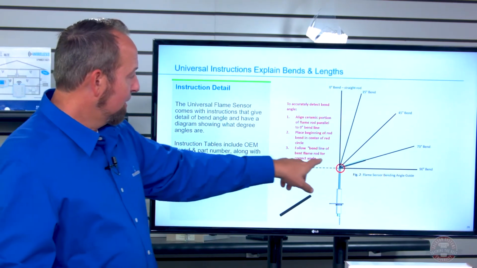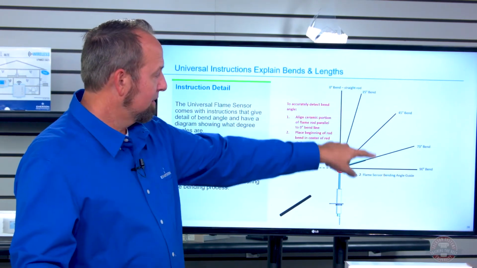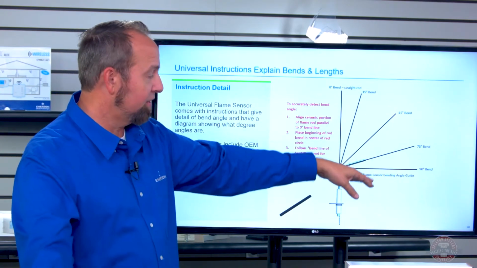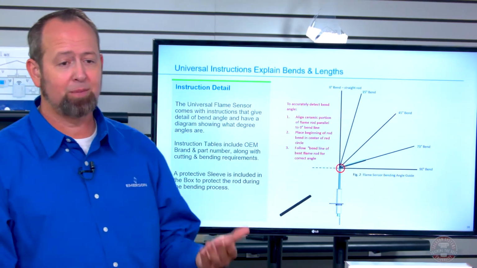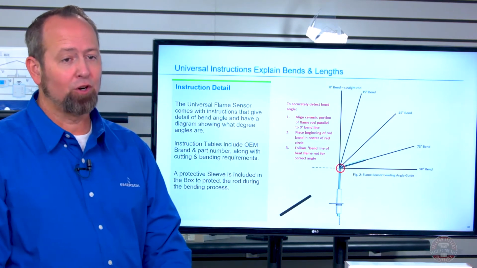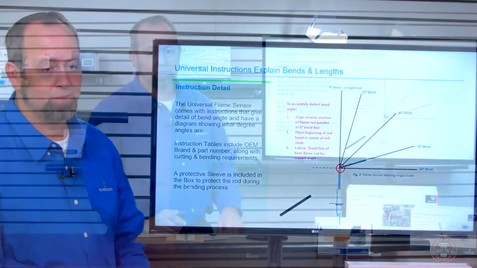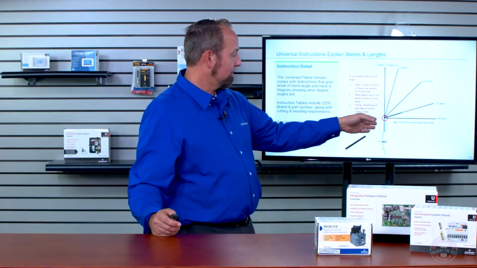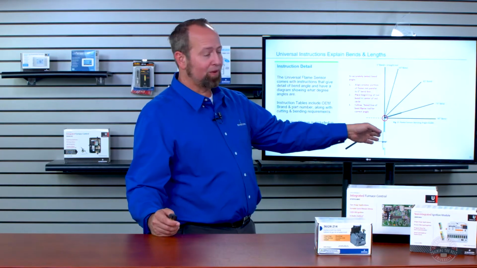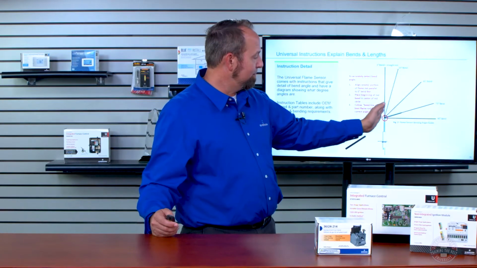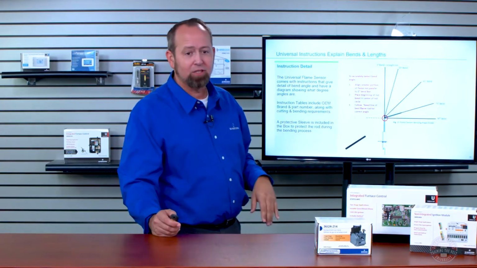It also comes with this chart that shows 15 degree, 45, 73, and 90 degree bends. Those are the typical angles that most manufacturers bend those flame sense probes to, so this will allow you to place the probe on a flat surface with this chart underneath it, and then bend to whatever that angle is.